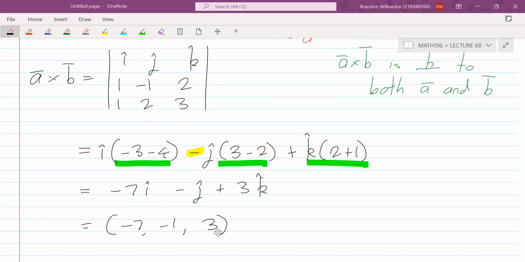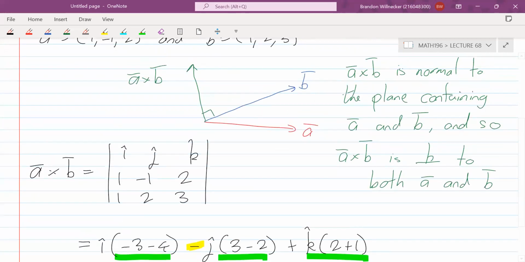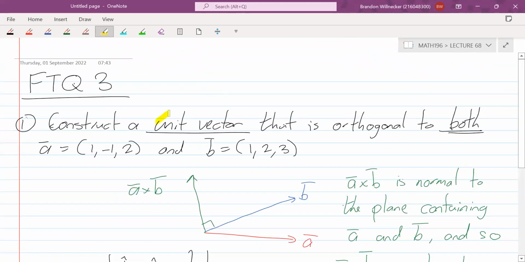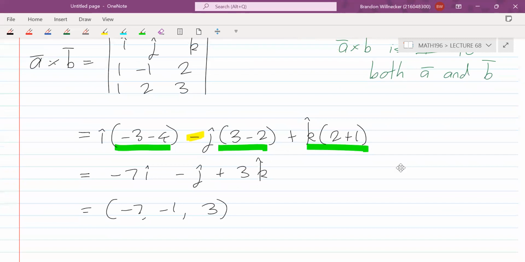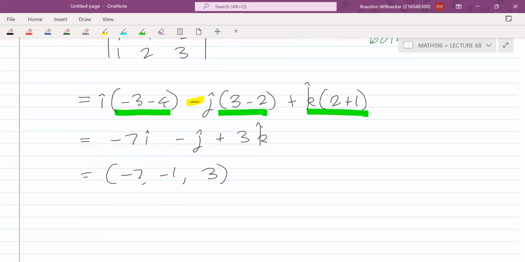This is going to be a vector perpendicular to A and B. However, the question asked for a unit vector. So we need to take this vector, A cross B, and divide it by the length of the vector. That will make it a unit vector.